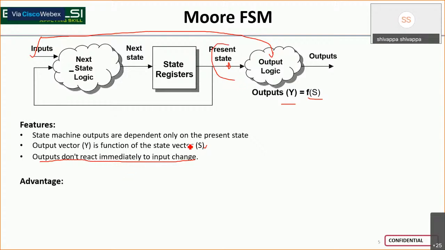What is the advantage with this? You can refer back to the latch and the flip-flop, the waveform I was explaining. Moore state machines effectively filter out transients. Any noises or signals or any small changes happening at the inputs are not getting passed to the output, and they are getting filtered out here itself.